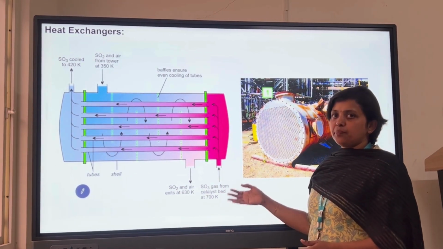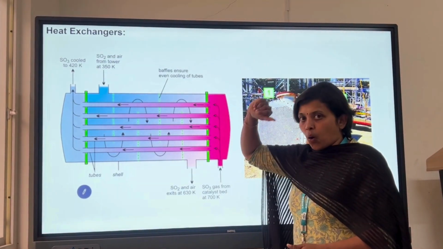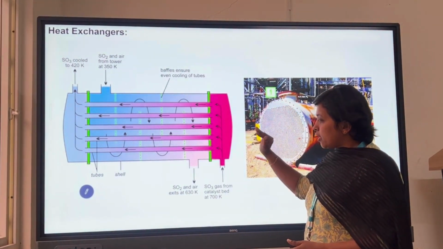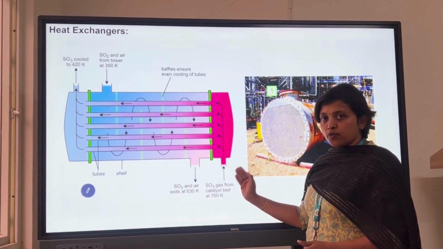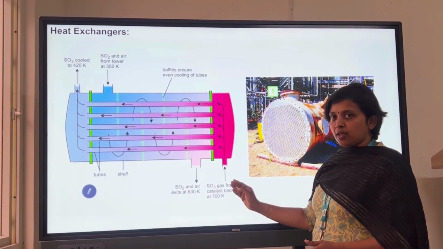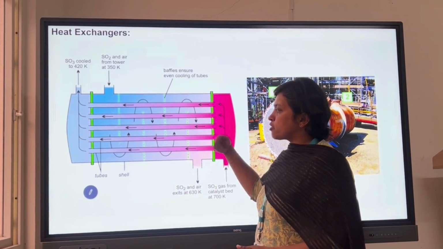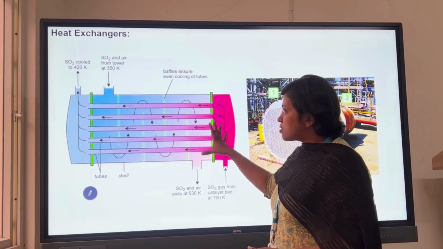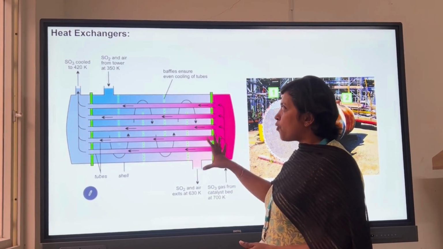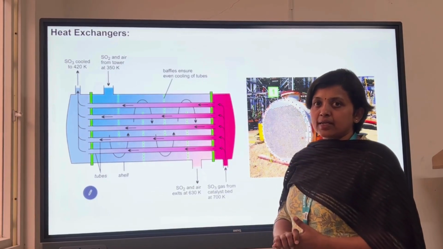After a particular time, the product can be collected outside. Even water, hot water or cold water, will be passing through the shell side or tube side, and the reaction will be happening. So this is one of the most important applications of the reactor in the chemical field.